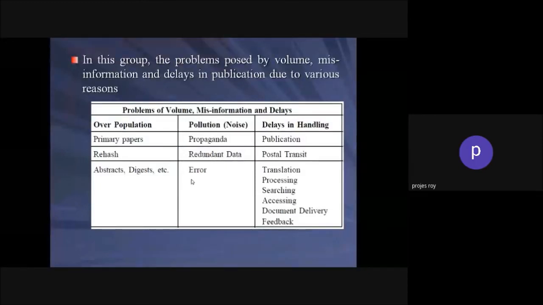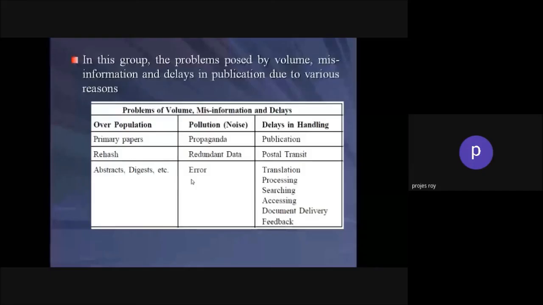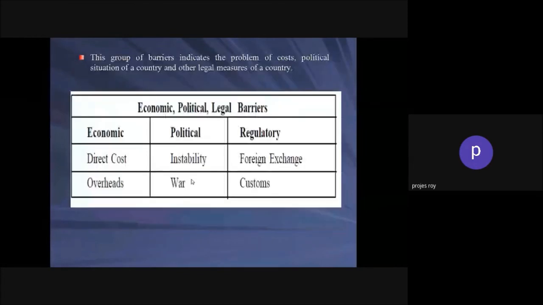This is the pollution or noise, overpopulation, problem of volume, misinformation and delays. So this is the impact of information in society. Today, the whole world is doing research on misinformation in every aspect. The group of barriers indicates the problem of cost, political situations of a country and other legal measures of a country.